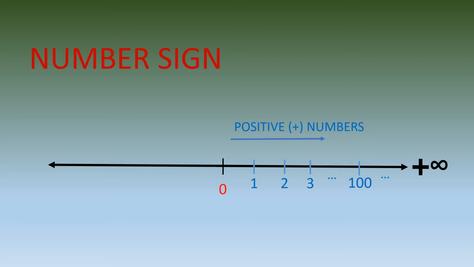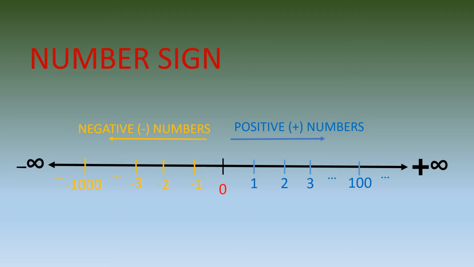And to the left of 0 are the negative numbers. Numbers having negative signs. What are these numbers? We have -1, -2, -3, and so on. You could have -1,000 until negative infinity.